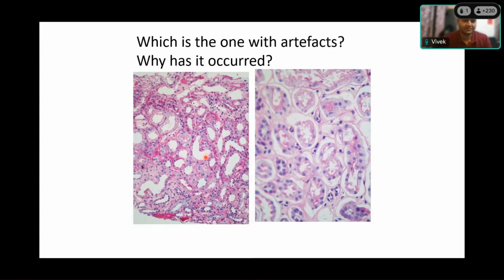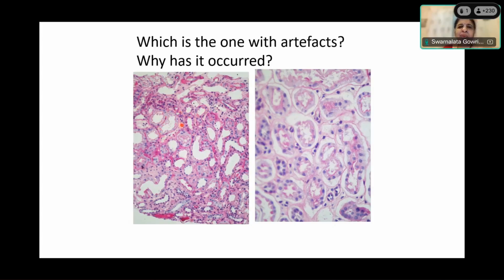Correct. So how do you know it's periodic acid? Because what color is positive in PAS? Yes, magenta. Everything is pink, but you must look for a magenta color. Okay, and these tubular basement membranes are magenta. Can you see? That's magenta.